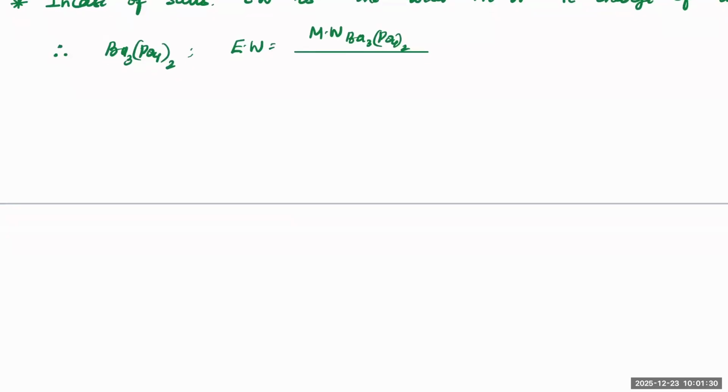How much is the total charge? Basically, if this splits, the total positive will be 3 times barium 2 plus, and this will be 2 times phosphate 3 minus. So the charge is 3 into 2, 2 into 3. So total how much do we have? 6. So this 6 becomes the valency factor.